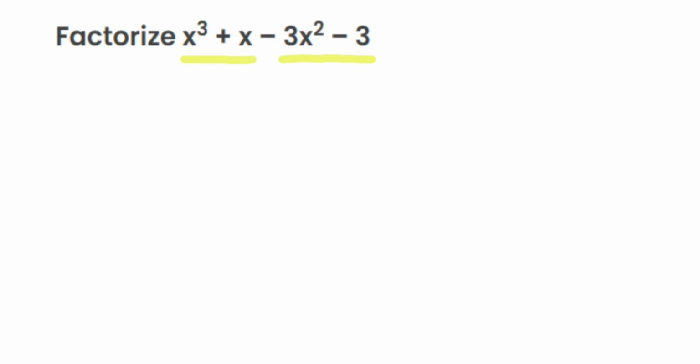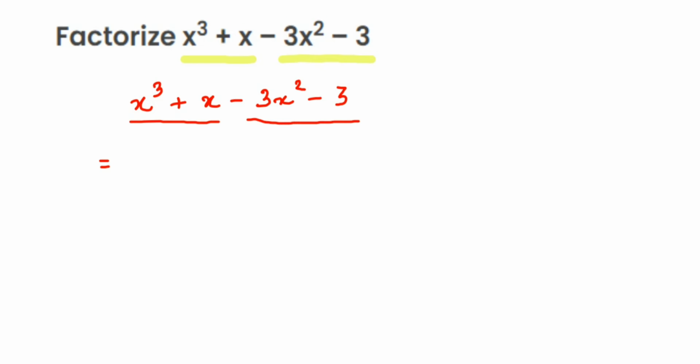So we have x cube plus x minus 3x square minus 3. Now this is equal to, I'm going to take a common factor from the first two terms and a common factor from the last two terms. Now if you observe, I'm not expanding them because you are in a higher class, I'm going to do it directly.